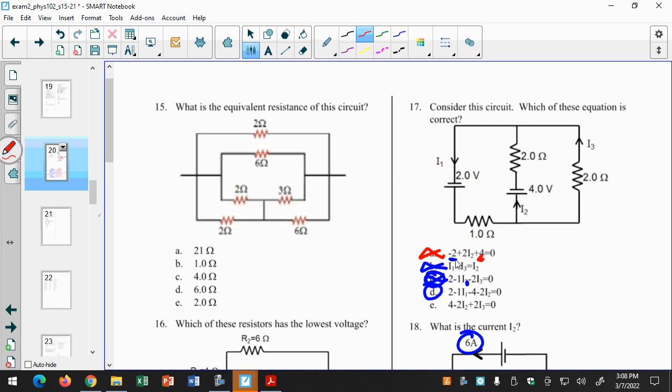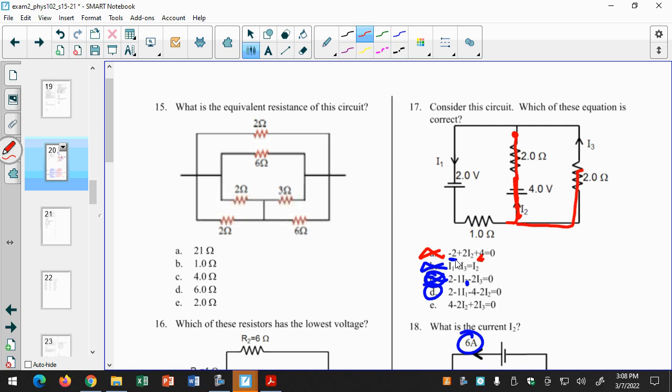So 4, I'm starting here and going this way to get positive 4, and then I get minus 2I2. Okay, this is sort of wonky. Really, if I started back here, it would be minus 2I2 plus 4, and then that would be minus 2I3.